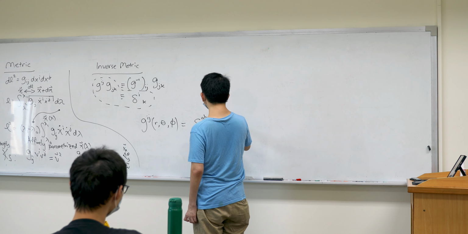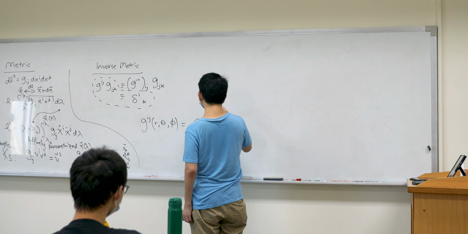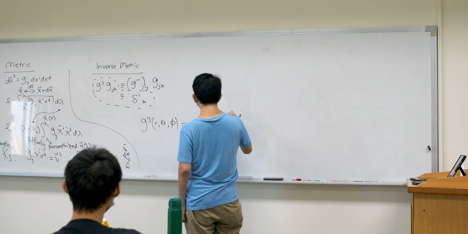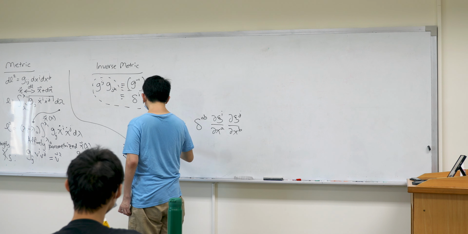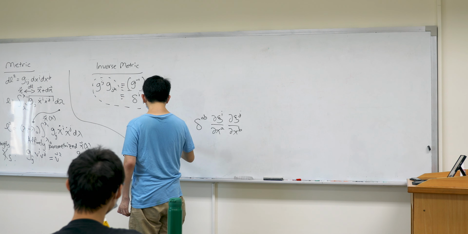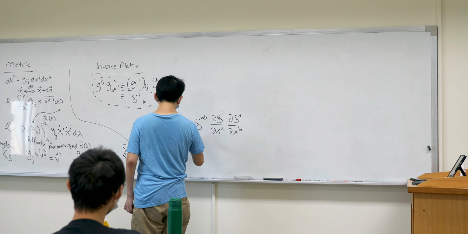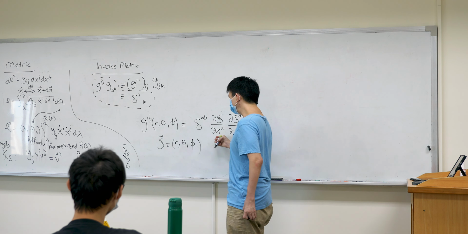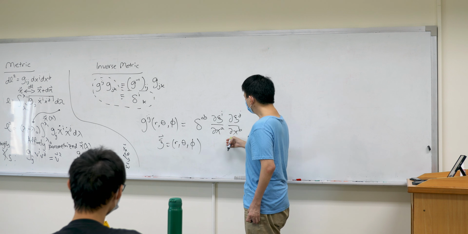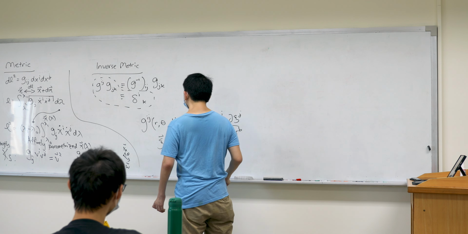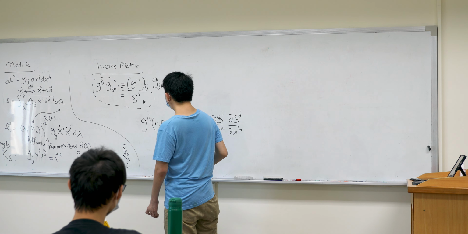And then you have to compute basically this, where the ξ are the spherical coordinates. So in other words, first you have to figure out what are these Jacobians. And then you have to do this contraction. And you should find the inverse metric.